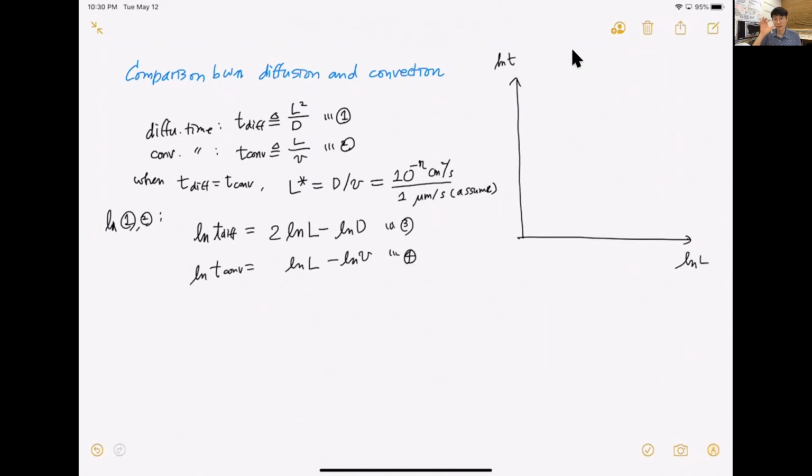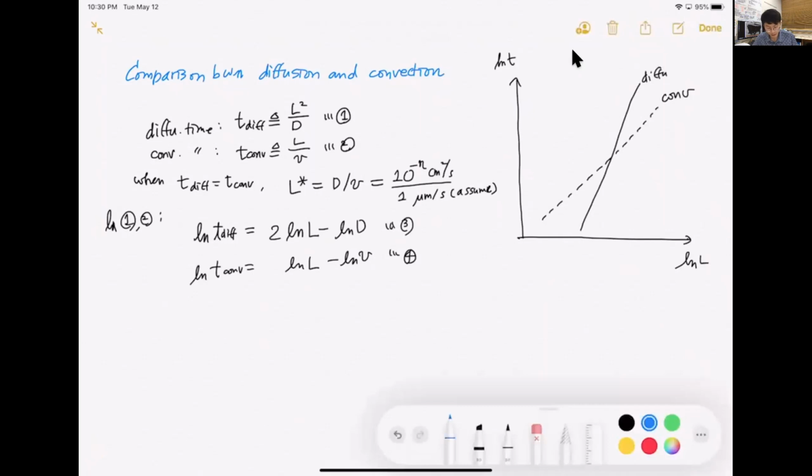Then the slope for convection will be 1, and the slope of diffusion is 2. So we will be having a bigger growth of this. Okay, so that's diffusion.